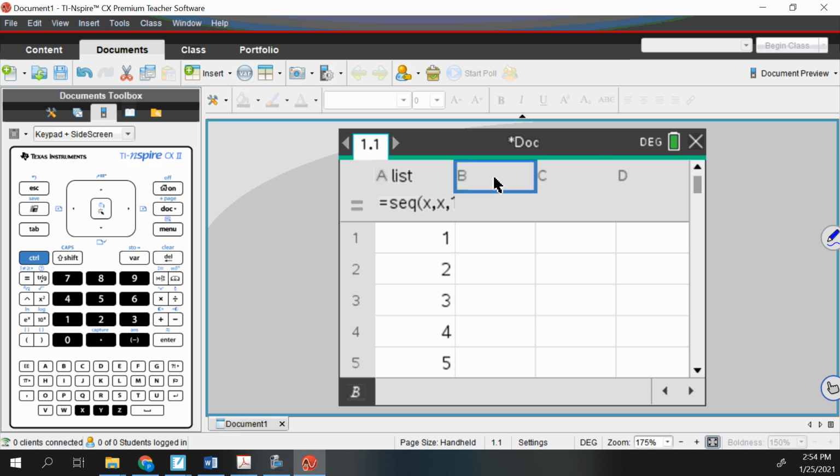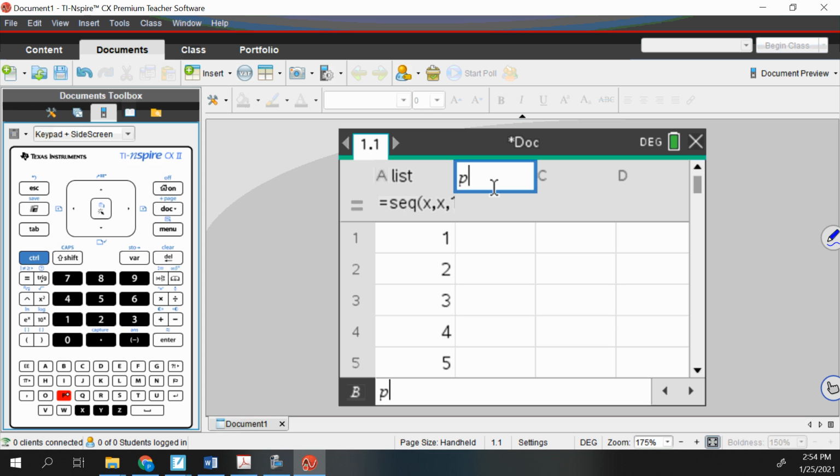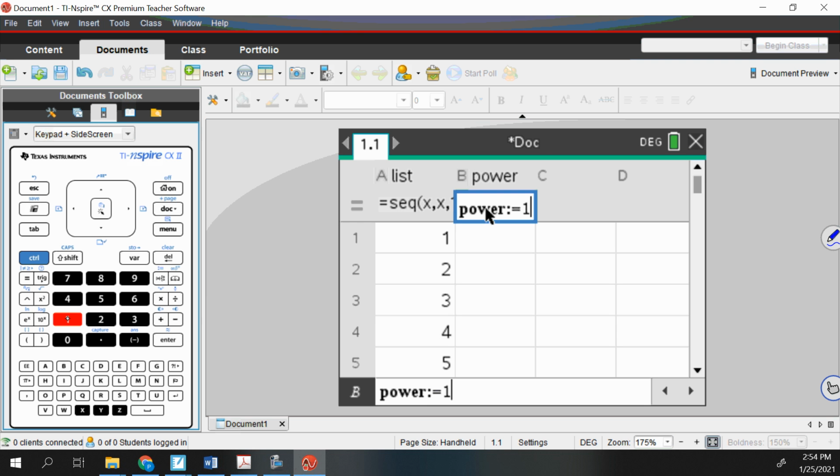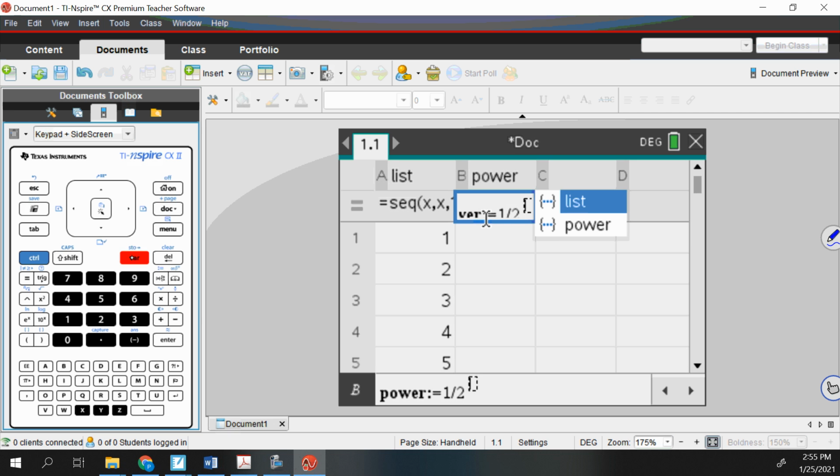The next column we're going to call power. And our function that we had above was 1 over 2 to the n. So we're going to do it as 1 divided by 2 raised to, and then we're going to write list.